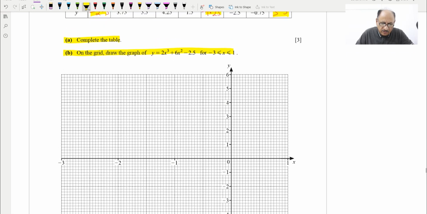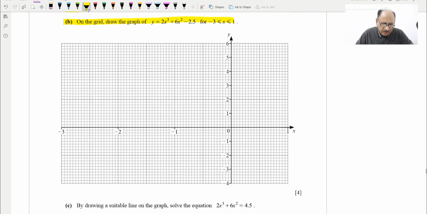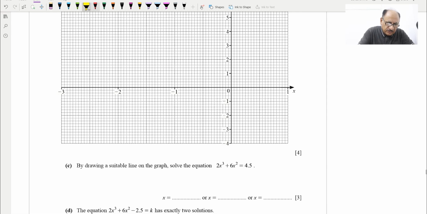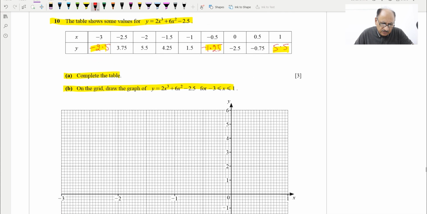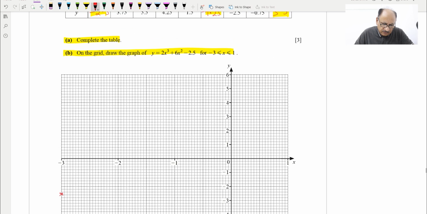So for the same thing, the first value is -3 and -2.5. It will be over here, -3 and -2.5. And next is -2.5 and 3.75. 3.75 will be around here.